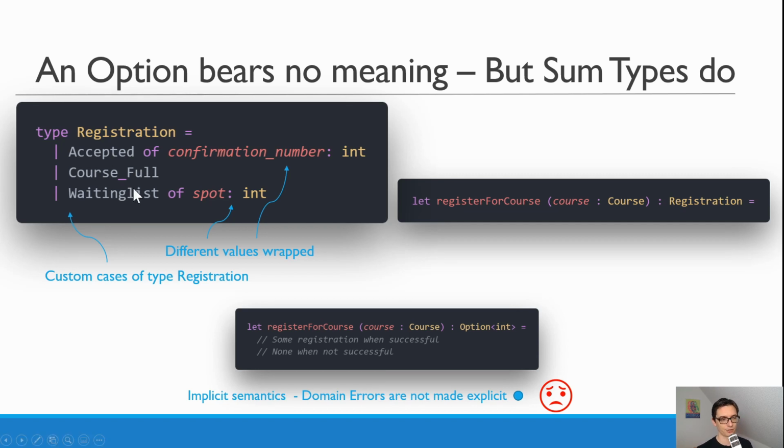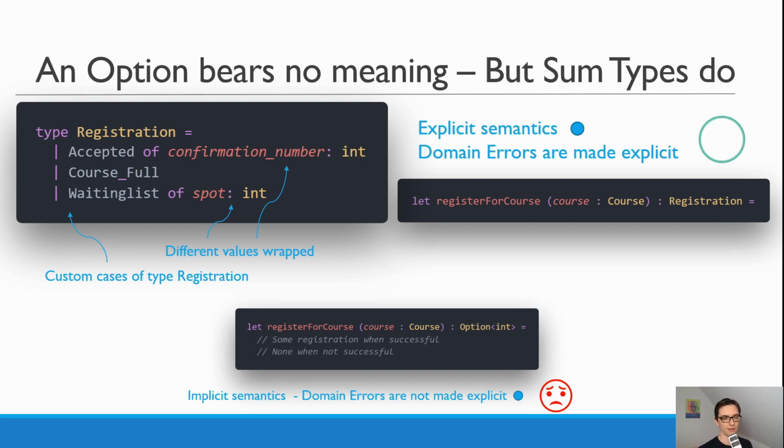And because they are not generic, we don't need to mention them up here. So we just say this one wraps an int, this one also wraps an int. We could also wrap a string or an int or whatever we'd like to do in there. And the nice thing now is that domain errors, a domain error is just something that can happen in our domain and that we are actually expecting, are made explicit. So this is really nice.